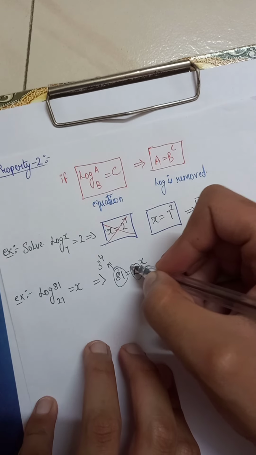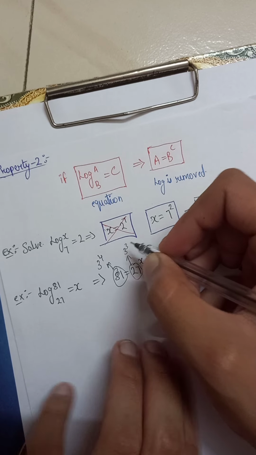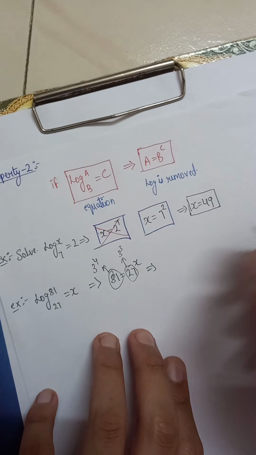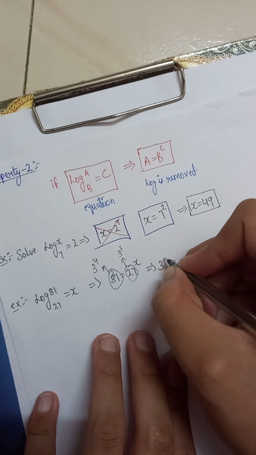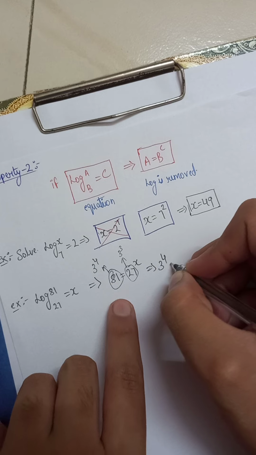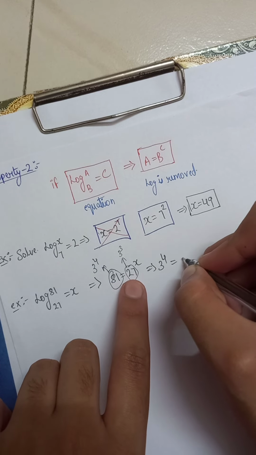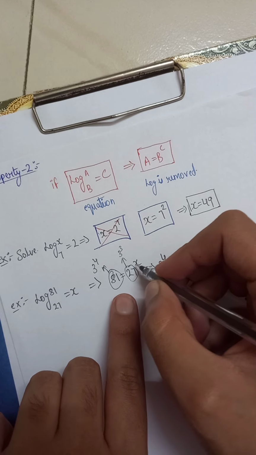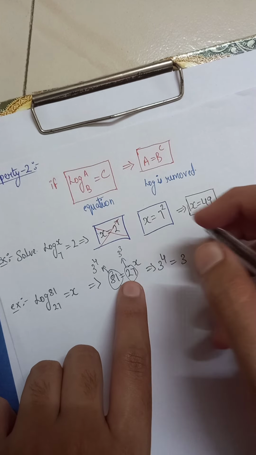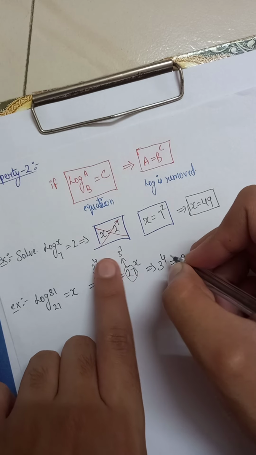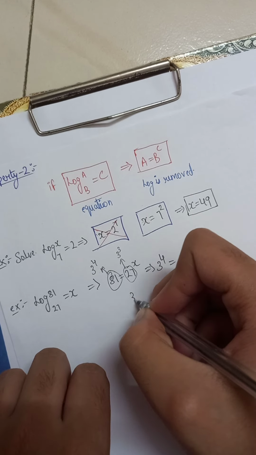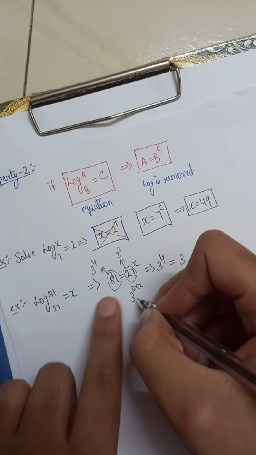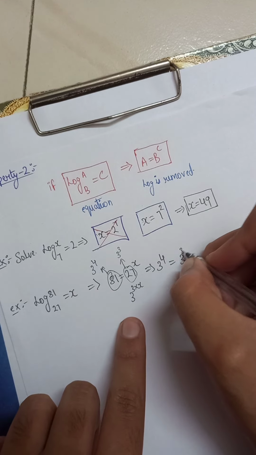And 27 is 3 cube. I hope you know this. It's simple maths. So I would like to write 81 as 3 to the power 4, and 27 as 3 cube. Since in the power of 27 there is already x present, if you write this as 3's power 3, you need to multiply with x, so you'll get 3's power 3x.